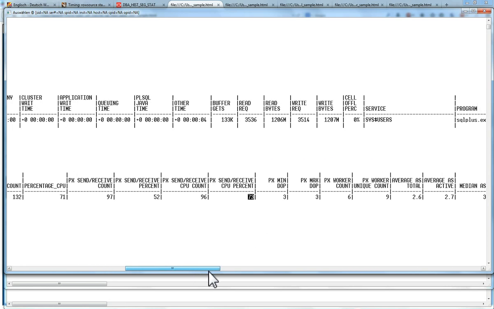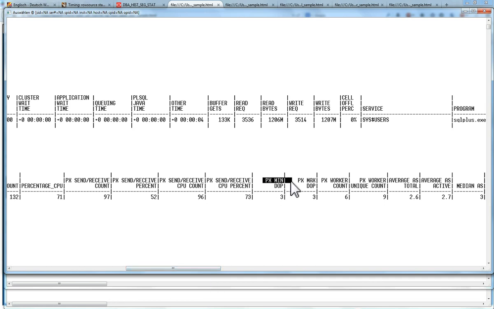Then here is this repetition of the degree, minimum and maximum degree from version 11.2.2 on. This is also something that Xplan Ash can extract from active session history information, so the actual degree will then be part of this undocumented PX flags column of active session history, and this is where Xplan Ash extracts this information from.